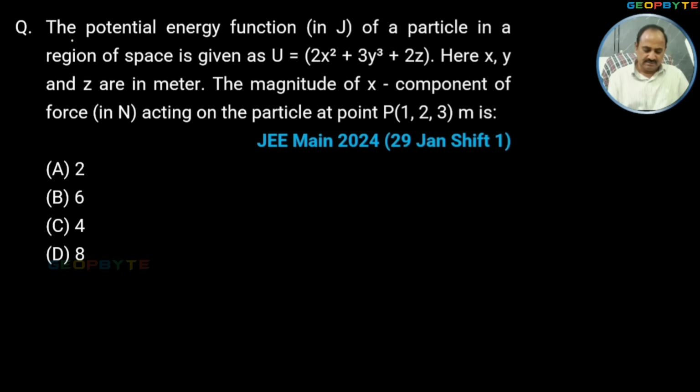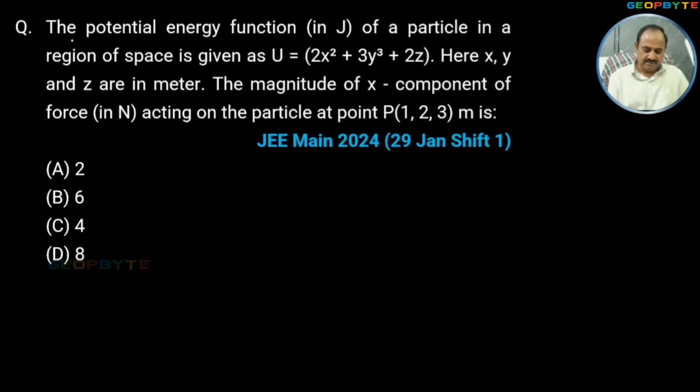The potential energy of a particle in a region of space is given as U, potential energy is the function of the displacement, 2x square plus 3y cube plus 2z. Here x, y, z are in meters.